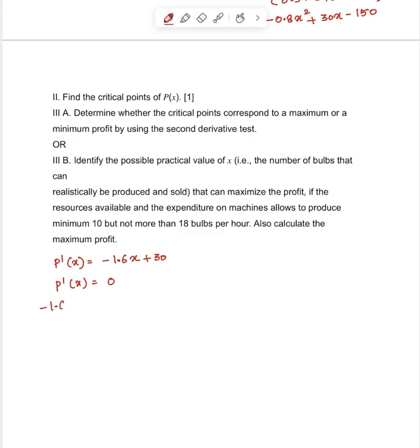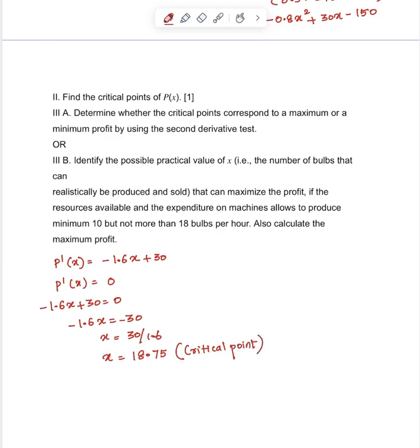That is minus 1.6x plus 30 is equal to 0. Minus 1.6x is equal to minus 30. x is equal to 30 divided by 1.6, which gives us 18.75. So this is the critical point.